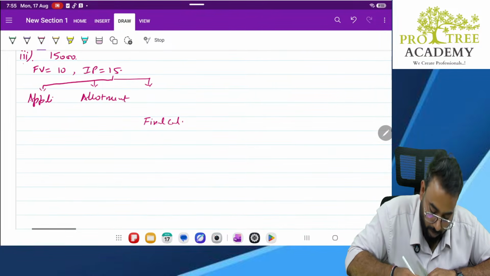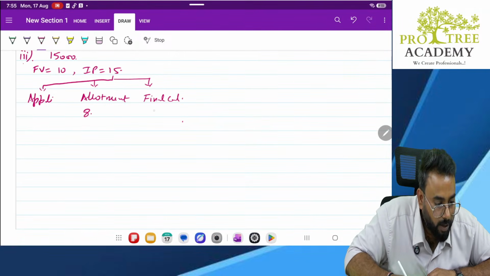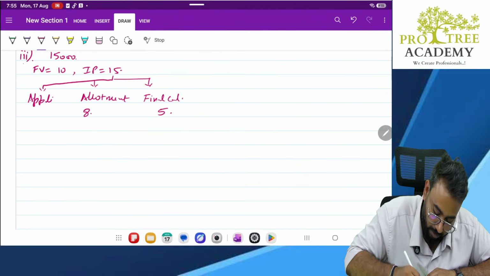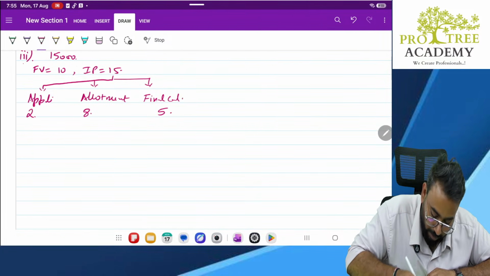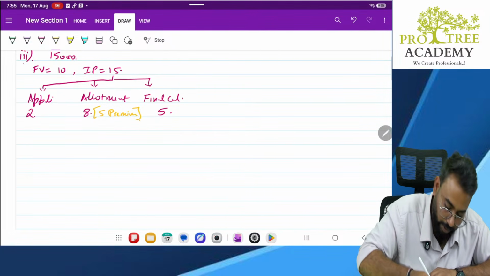Allotment is how much? 8. Final call is 5. 13. 2 is application. And this allotment includes 5 rupees premium.